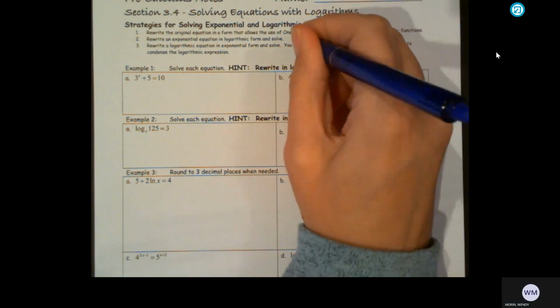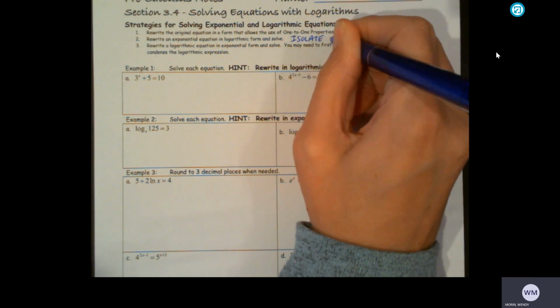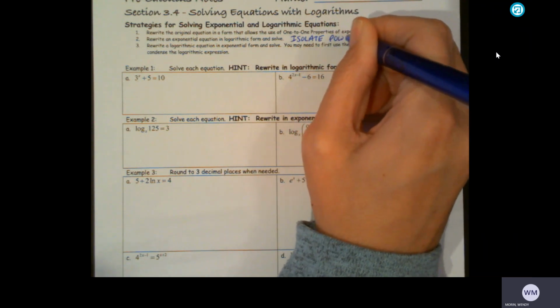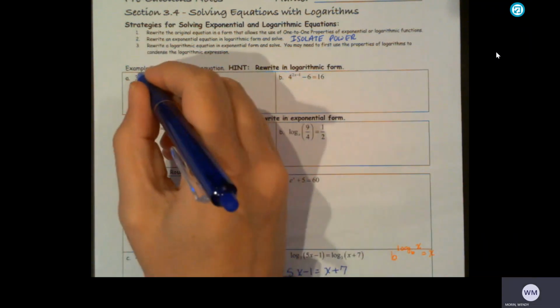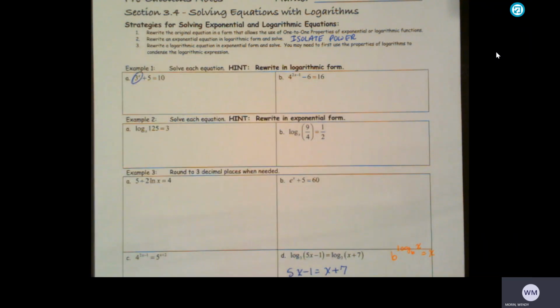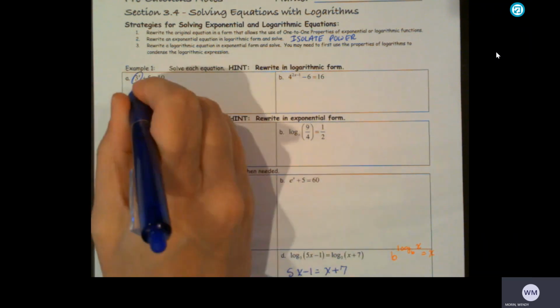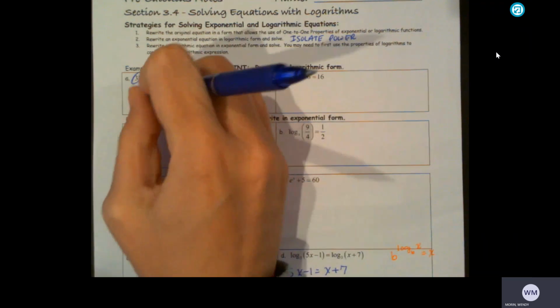However, you have to isolate the power first. And when I say power, I don't mean exponent. I mean the power. That is a power. A base with an exponent is called a power. So you have to get that by itself first before, whoops, don't do that.